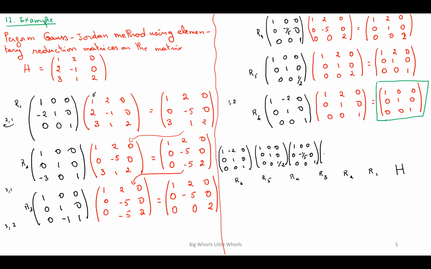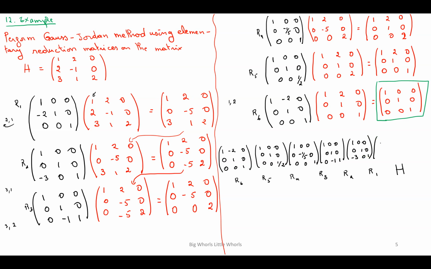And R3 is 1, 0, 0, 0, 1, 0, 0, minus 1, 1. And R2 is 1, 0, 0, 0, 1, 0, minus 3, 0, 1.